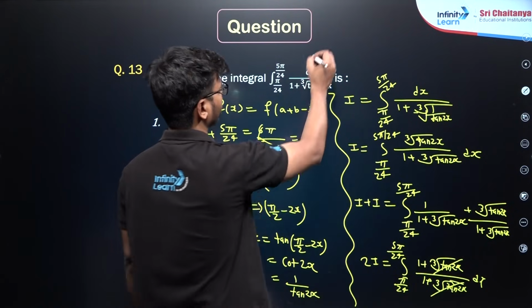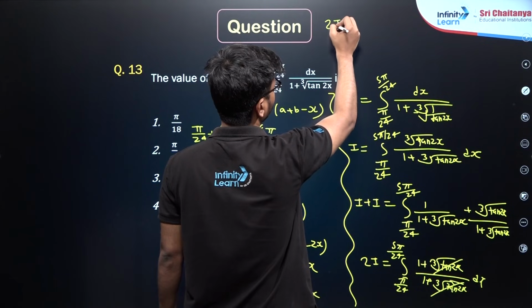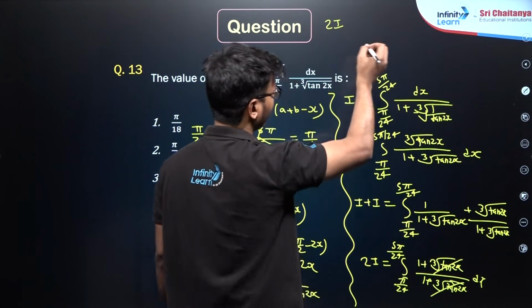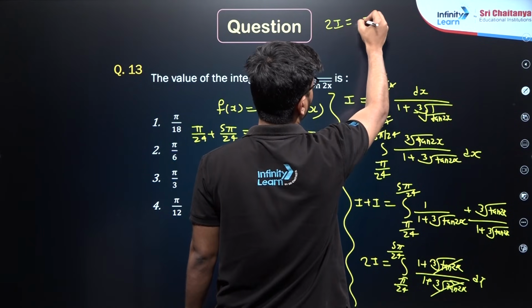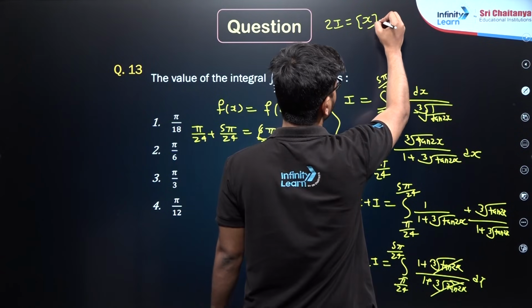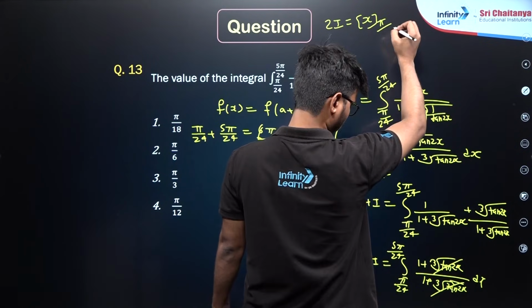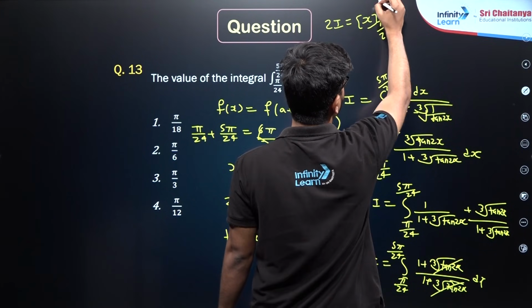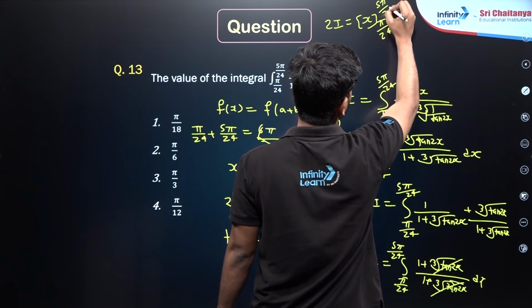Correct? So similarly I am going to have 2 times of I, integration of 1, that is nothing but x from pi by 24 to 5 pi by 24. Correct?